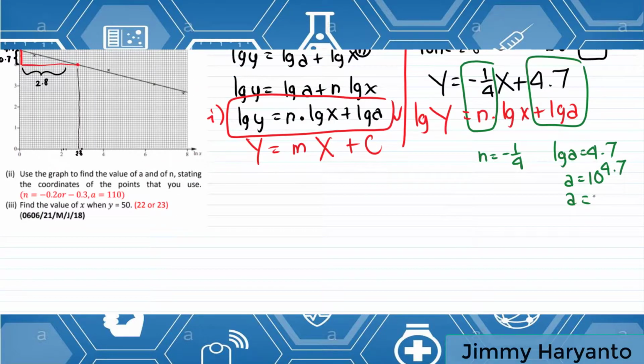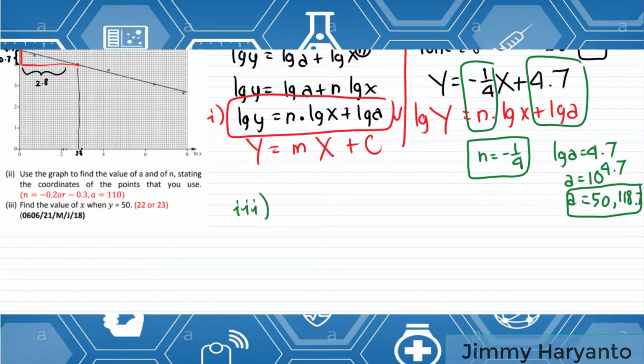For a I got 50,118.7. So maybe the answer key is not correct. If you get the answer for a the same as the answer key, you can tell me, okay?